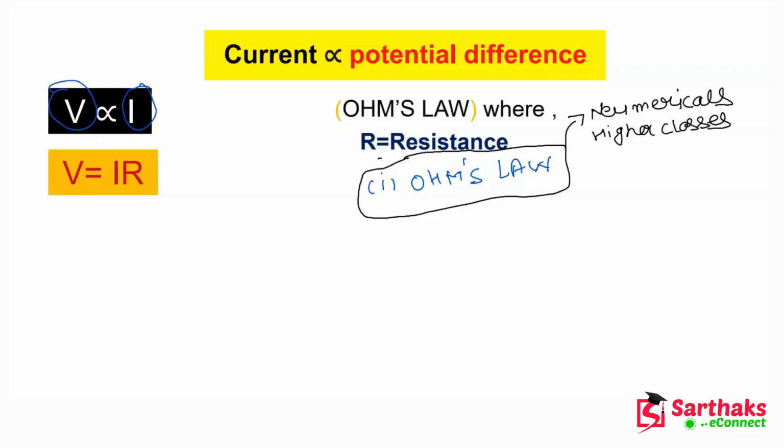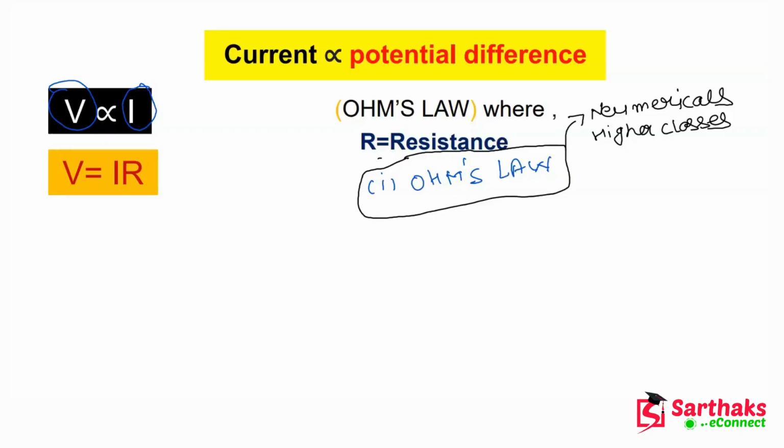Without this, you won't be able to understand the later concepts which we are going to discuss later. So let's talk about what this law states. Basically, our voltage is dependent on the current, or you can say that our current is dependent on the voltage.